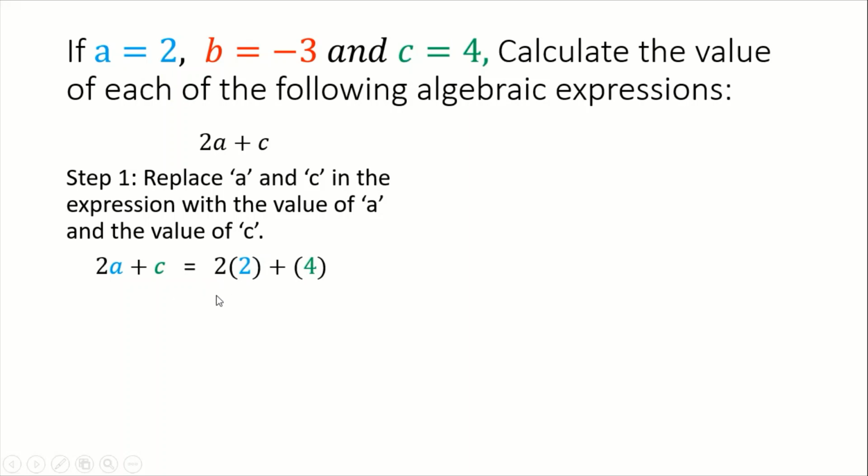At this stage now, what you're going to do is to just simplify this. So when you simplify, note that 2 bracket 2 means 2 times 2, which is going to give us 4 here. And then now we can write our 4 without the bracket. So what we end up with is 4 plus 4, which is going to give us 8.